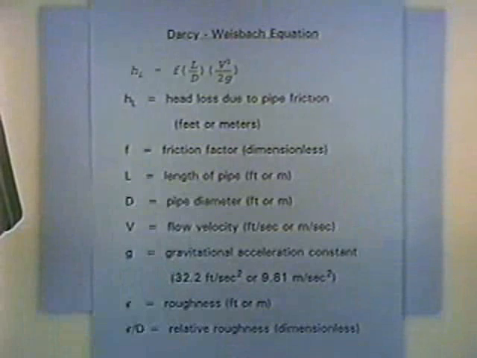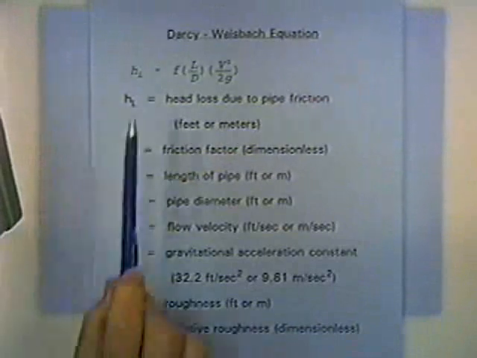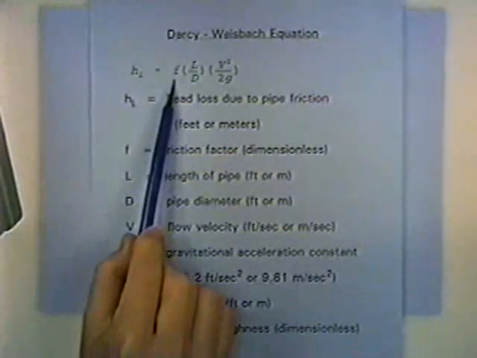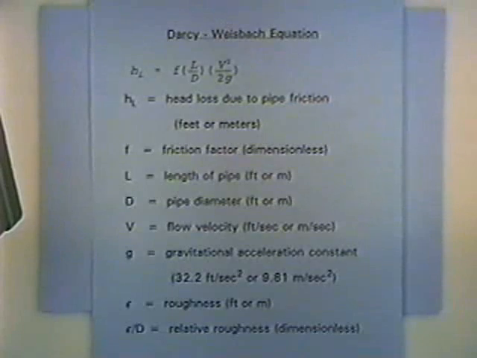The key term is a friction factor, and that's an expression of the roughness of the pipe. And the thing that makes the Darcy-Weisbach equation conceptually more correct than the Hazen-Williams, which we'll be looking at very shortly, is that the roughness coefficient is a function of both the fluid characteristics, the flow characteristics, and the pipe characteristics.